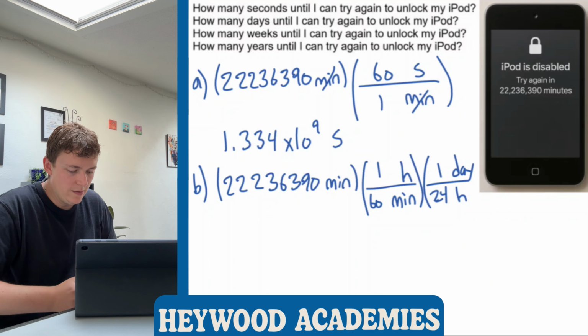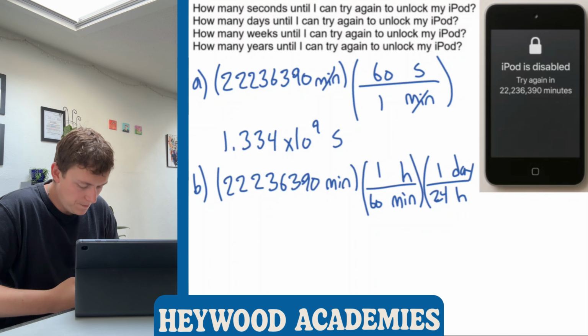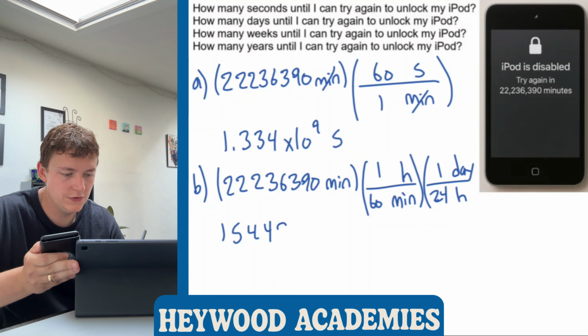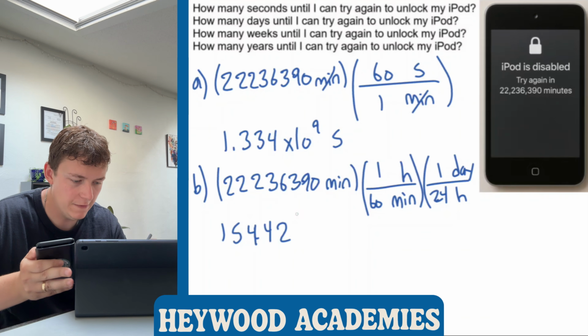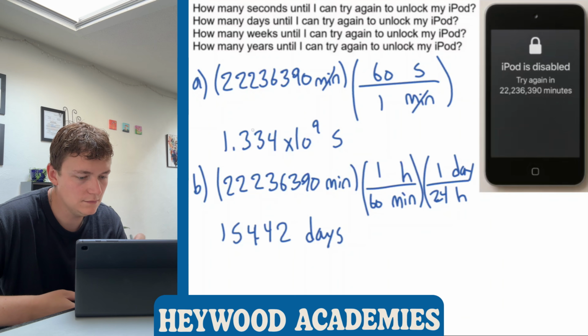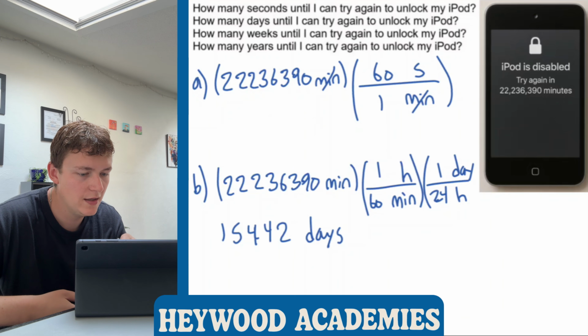Okay, so we're going to take that big number again. We're going to divide it by 60 to get it from minutes to hours. Then we're going to divide it by 24 to get it into days, which is 15442, approximately, rounding that there, days. So this is a long time.